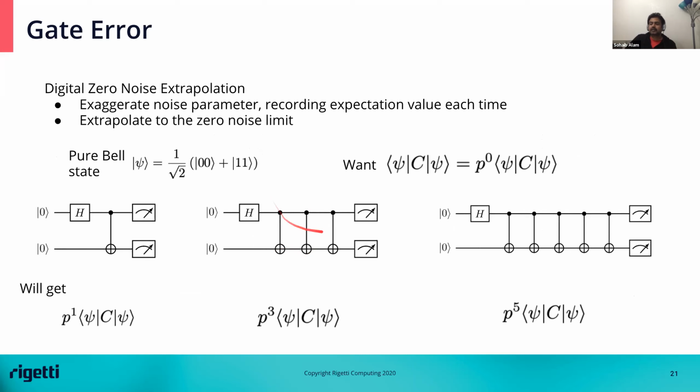Sure, I'm not going to assume that this is a depolarizing channel. But what I am going to do is exaggerate the noise in such a way that it keeps the same logical structure, that it produces the same logical circuit, but nevertheless exaggerates the noise at a physical level without me necessarily assuming anything about what the channel looks like.